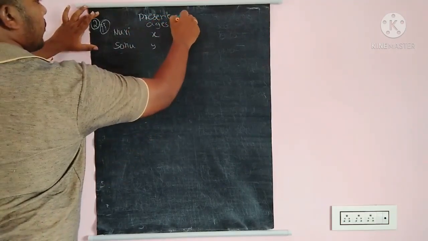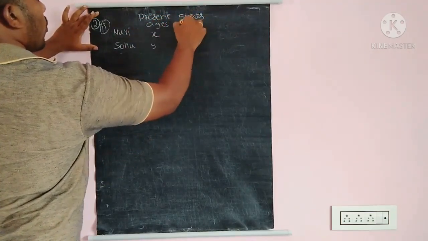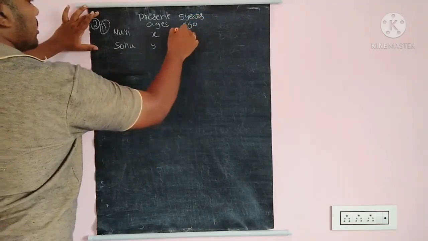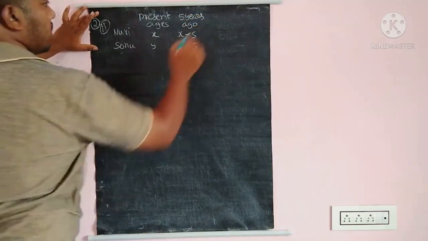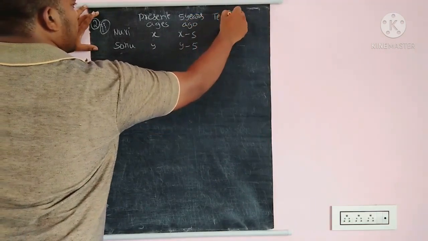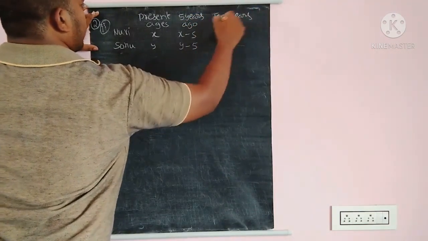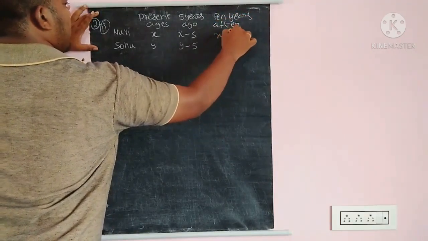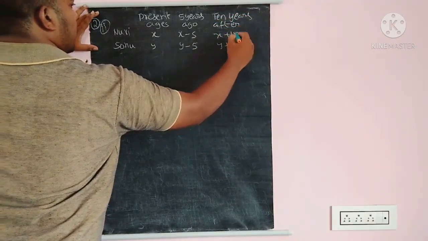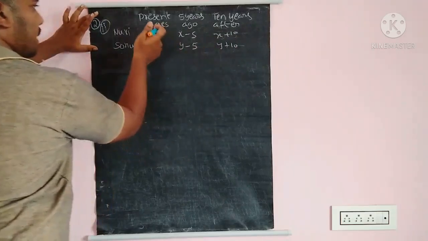The condition is 5 years ago, that means before 5 years. Their ages will be x minus 5, y minus 5. The next case, 10 years after, so ages will be x plus 10, y plus 10. 10 years after means we need to write with respect to present ages.